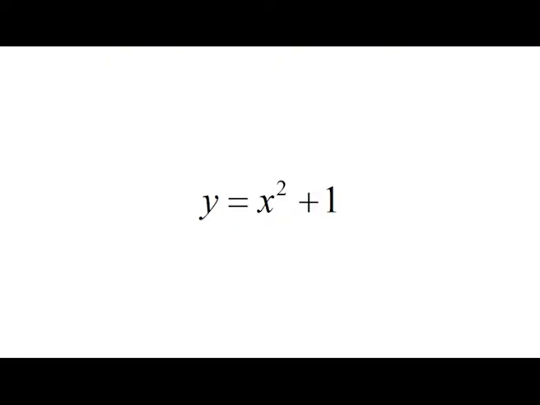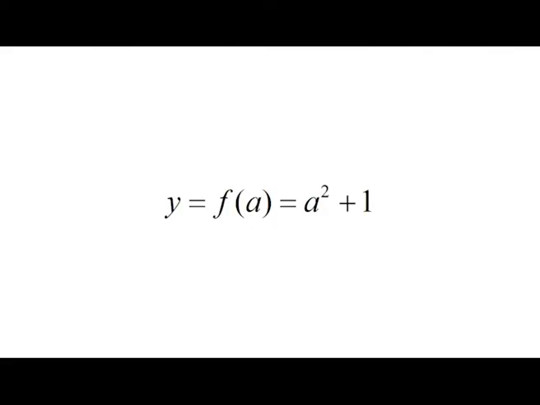As an example, consider the equation y equals x squared plus 1, which is of the form y equals f of x, where f is given by the formula f of x equals x squared plus 1. For any real number a, this equation gives us a unique image y equals f of a equals a squared plus 1, the value obtained by substituting x equals a in the formula.